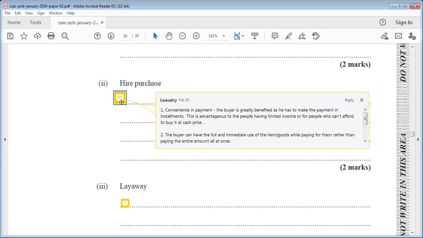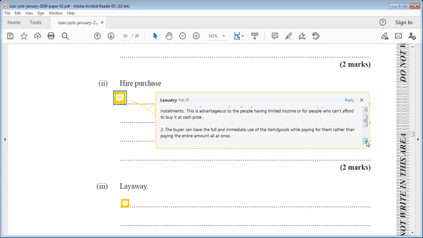So that is why we know of Courts and Singer having hire purchase agreements to make it convenient in payment for persons with low income. Another advantage too, the buyer can have the full and immediate use of the item or goods while paying for them rather than paying the entire amount all at once.